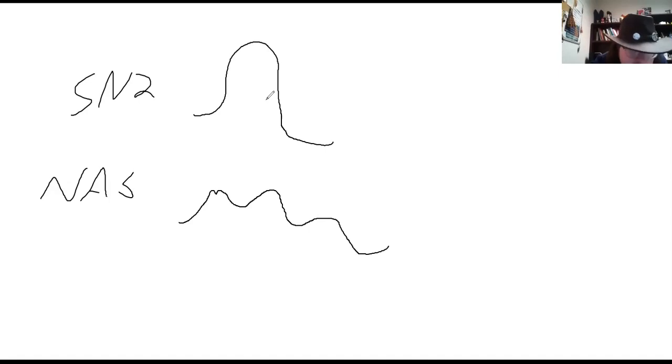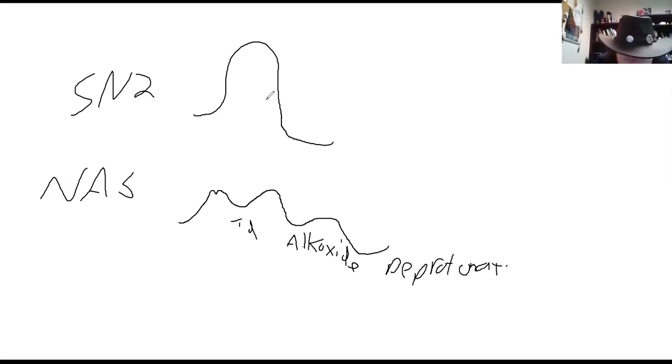This is our tetrahedral intermediate. This is where we form the alkoxide. The alkoxide, and there's our deprotonation to get to a product.